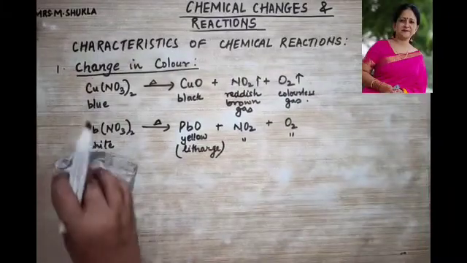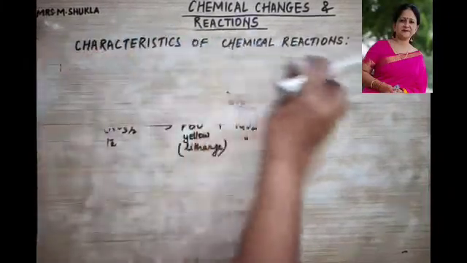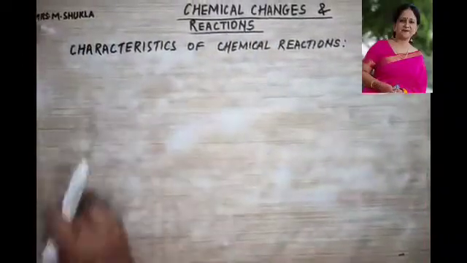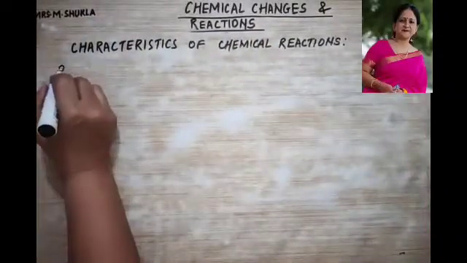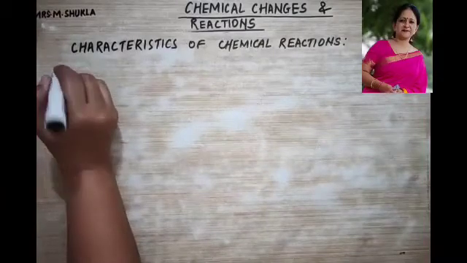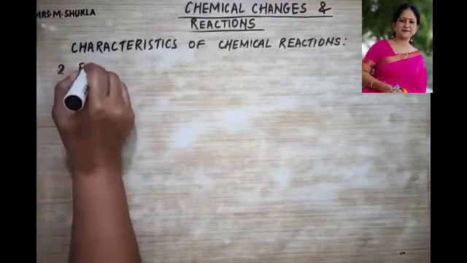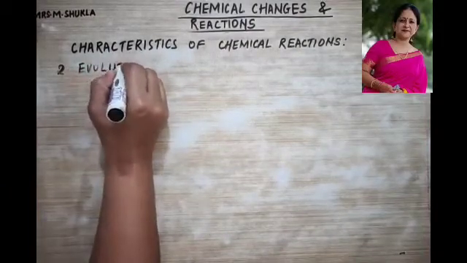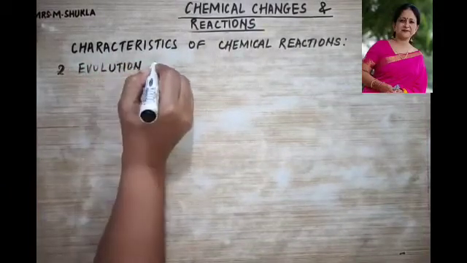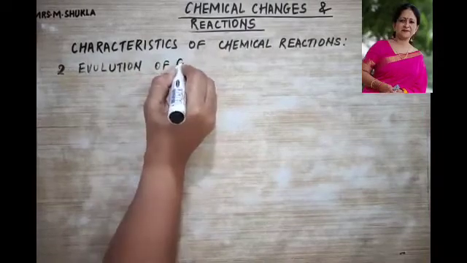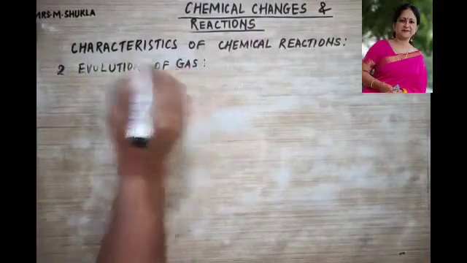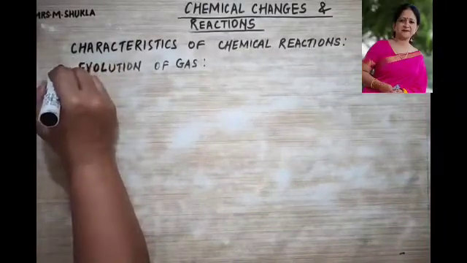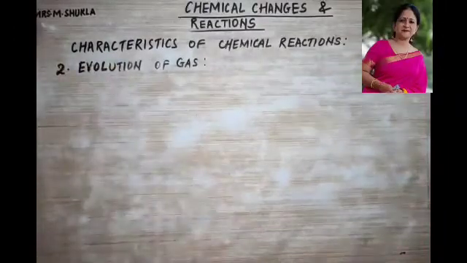Okay, next we move to the second kind. What was the second kind we had studied? Evolution of gas. So let us study about the second one. Let me write it down again. Second one, evolution of gas.